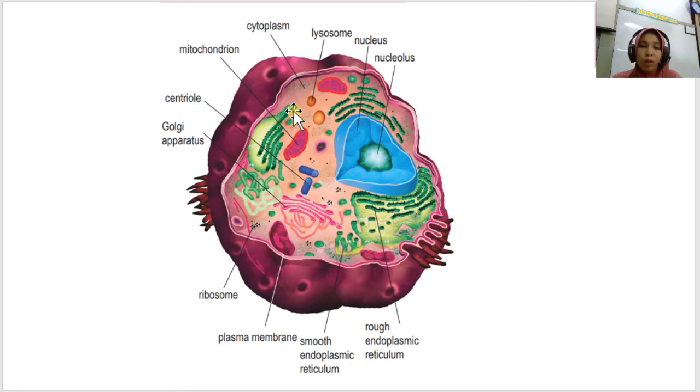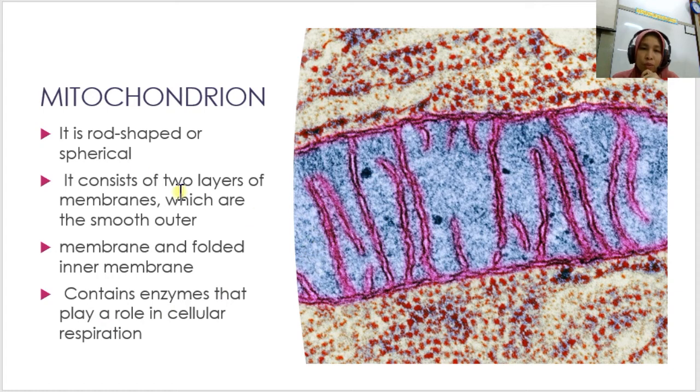Okay, that is the structure of the animal cell. Now we are going to learn the structures or organelles inside the animal cell one by one. We go first to the mitochondrion. This is the microscopic diagram of the mitochondrion.